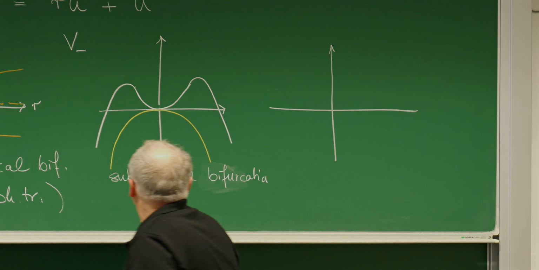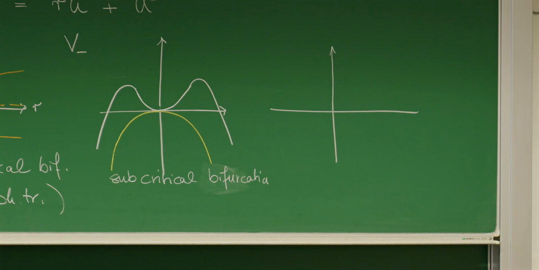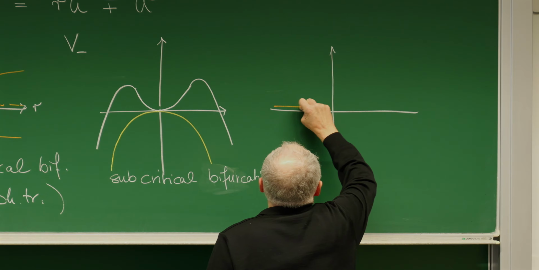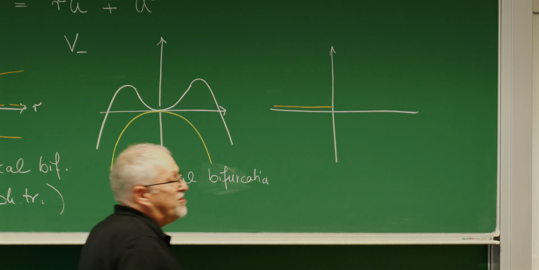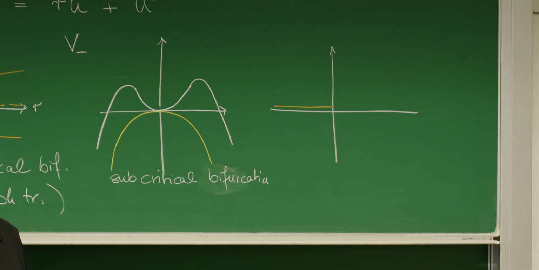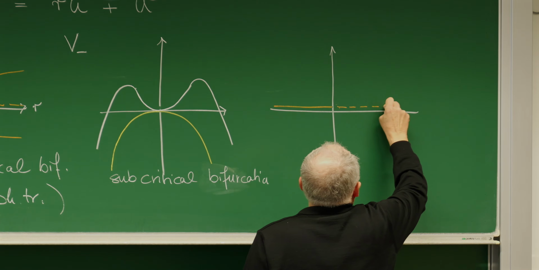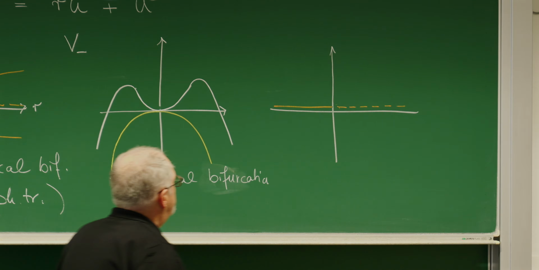So now we do have an unstable fixed point, a stable fixed point here. It turns to an unstable fixed point, right? So we are here. That's unstable.